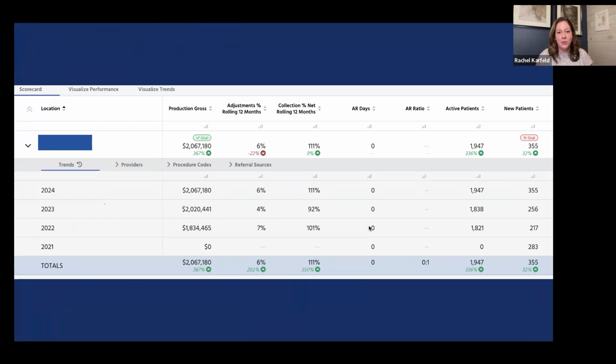But for me as a consultant, this gives me a really good view of how my practices are doing over time, or how they've been doing before I even start working with them. It's going to give me very specific KPIs that I bring back to them on a monthly basis to say, what did we do here? What did we do well? Where do we need to improve? So much so that the team is getting engaged with it.